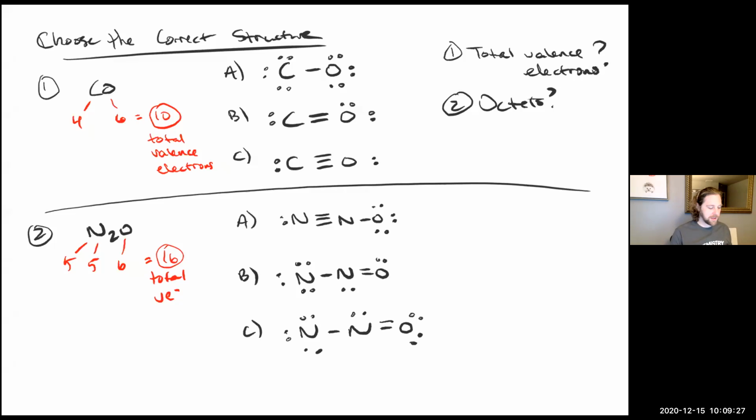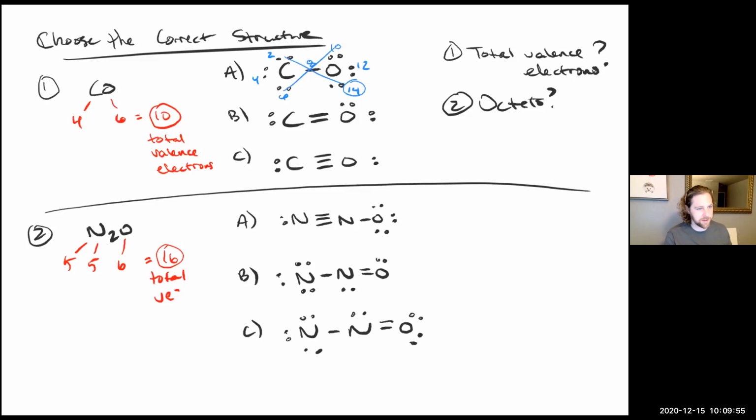What I'm going to do is first just count total number of electrons. And so the way I'm counting is going 2, 4, 6, 8, 10, 12, 14. If I'm just counting each of those pairs, this one gets up to 14. A has 14, so that is not a correct structure.